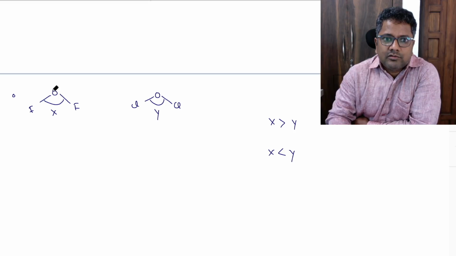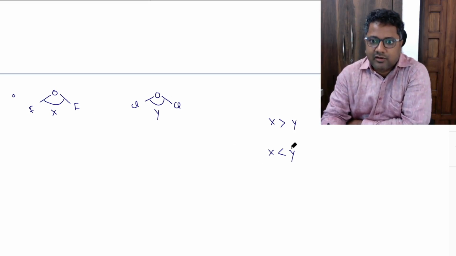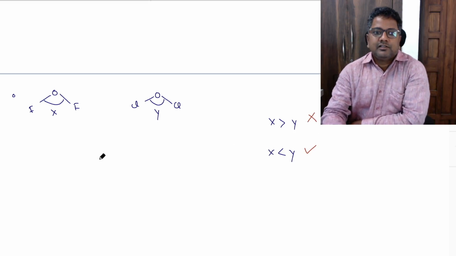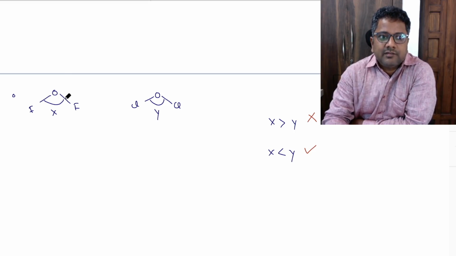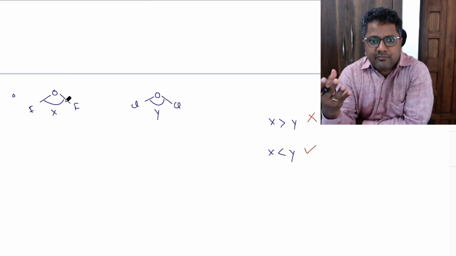Electronegativity is more, other things are same. So in this situation, the bond angle decreases, right? So the fluorine will overlap with that orbital which has more p character, means after overlapping this will increase the p character.